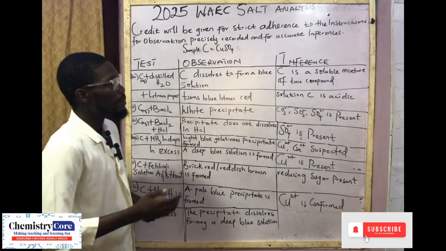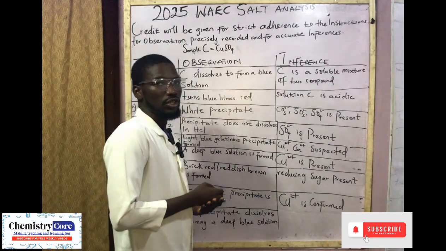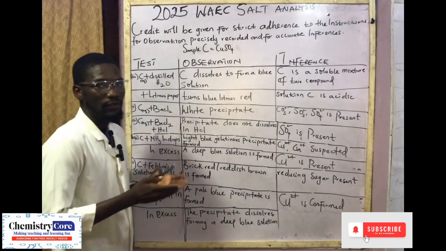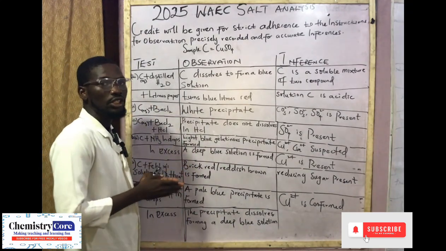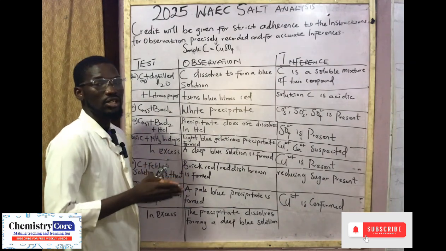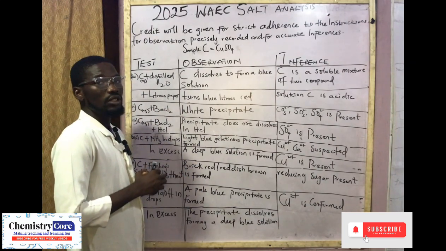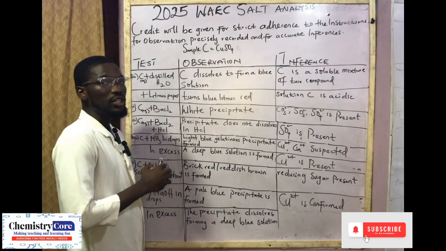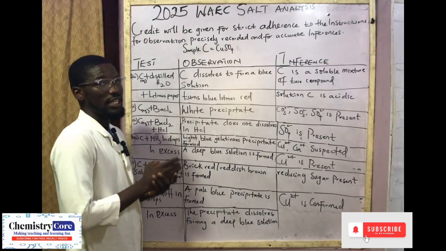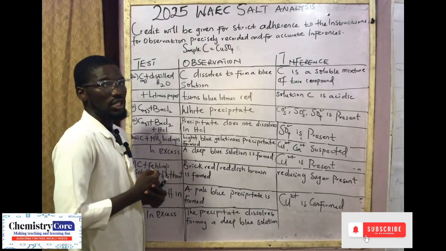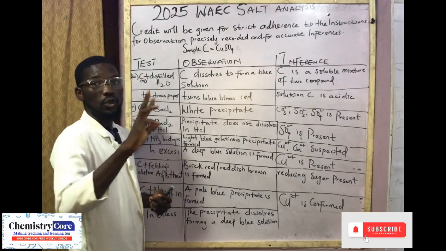With that, sample C is soluble, because the salt will dissolve and form a blue solution. And the inference of that is sample C is soluble in water, an ionic compound.